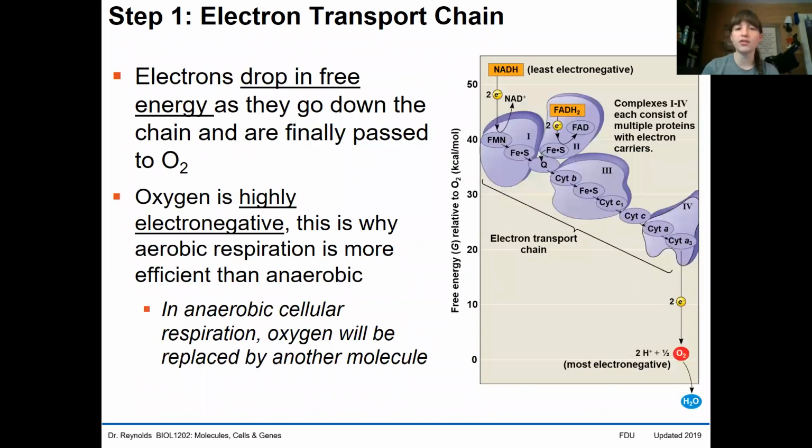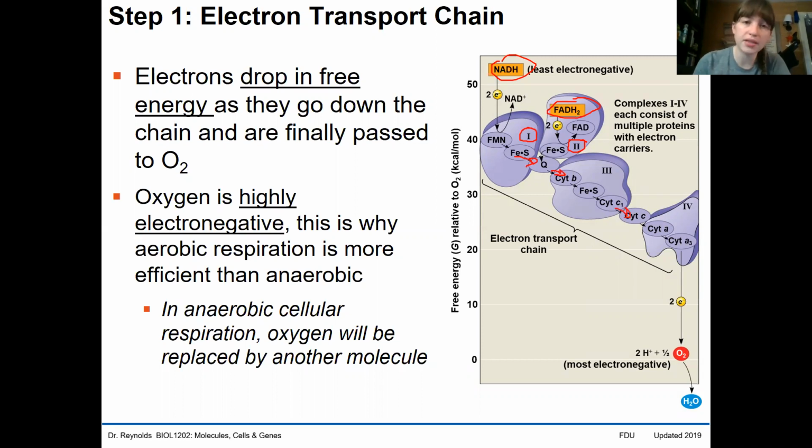Now, the electrons are donated by NADH and FADH2 into the complexes. So here's complex 1, where NADH donates its electrons, and complex 2, where FADH2 donates its electrons. And these electrons are going to be systematically passed from one complex to the next complex, to the next complex, and to the next complex.